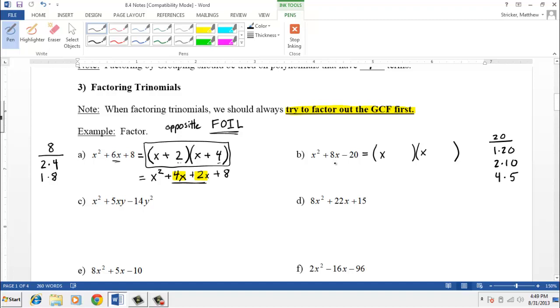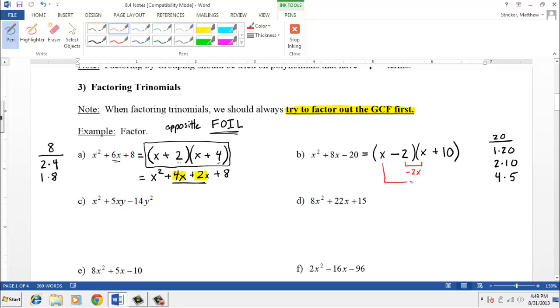And the only two combinations of numbers here that can add to give us 8 are going to be the 2 and the 10. And in order to get 8, we need the 10 to be positive and the 2 to be negative. Because if I go ahead and check that with FOIL, the inner product is a negative 2x.